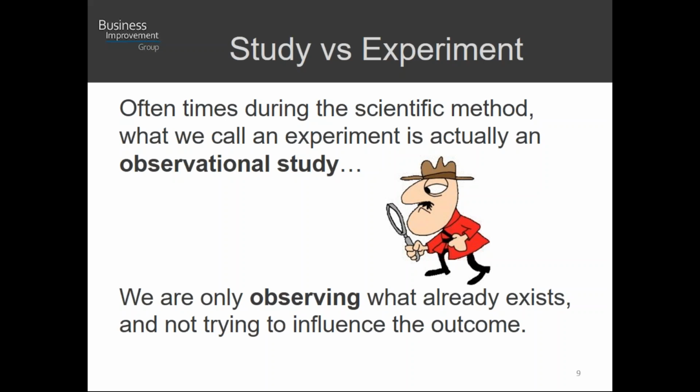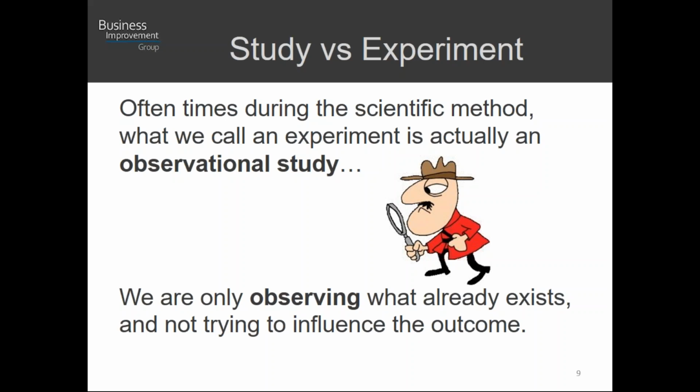In this example with the M&Ms, yes, one can argue that we're trying to influence the outcome with the number of bags of M&Ms and such, but that really doesn't change the true outcome, right? We're not influencing the M&M factory and how they're producing the color of M&Ms and bagging them. We're just observing what already happened.